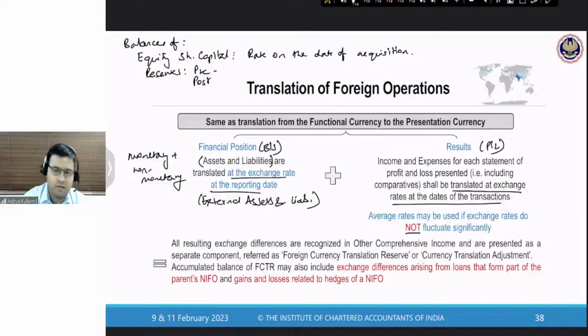So as the consolidation student that you are, as the business combination student that you are, tell me: does the parent or the acquirer purchase the pre-acquisition reserves, or does the parent or acquirer earn the pre-acquisition reserves? Understand my question carefully.